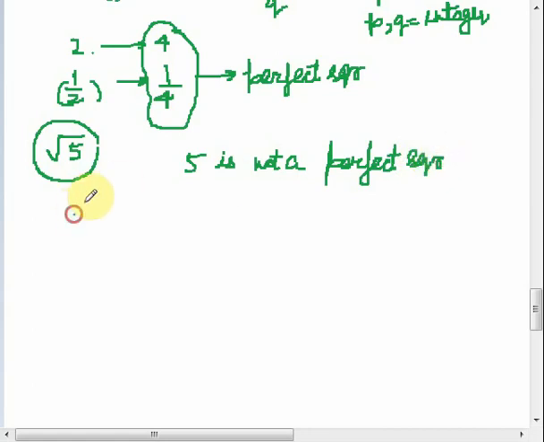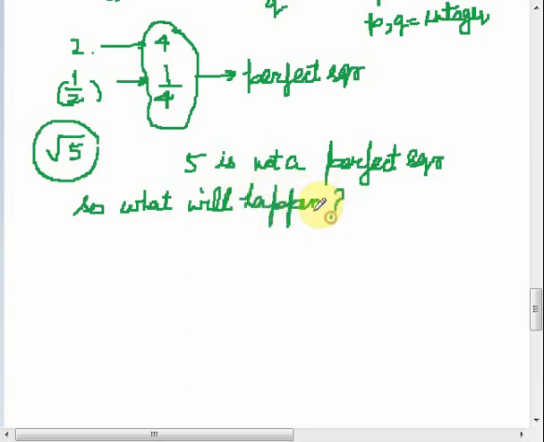So what will happen? If the positive number is not a perfect square, then the square root is an irrational number. Then under root 5 is an irrational number.